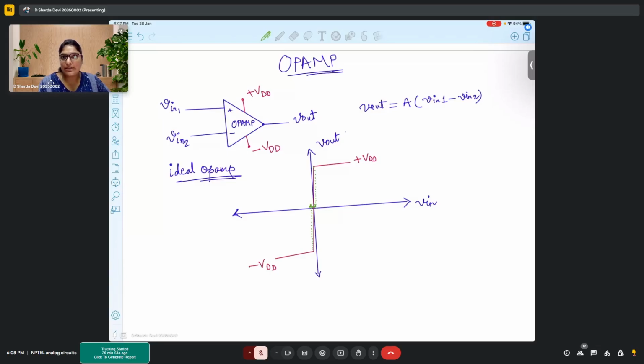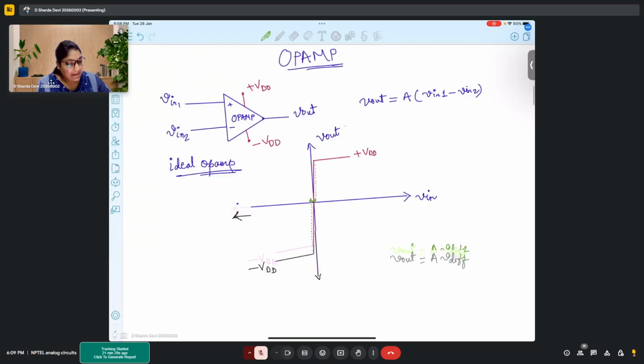Or few micro to millivolts. And that range of signal needs to be amplified. So if that range of signal I want to amplify, I need to make sure that that input range comes in this linear region of amplification, so that corresponding to the input, I can get A times output. Okay. So my idea of amplification is I should get V out as A times V difference, right?